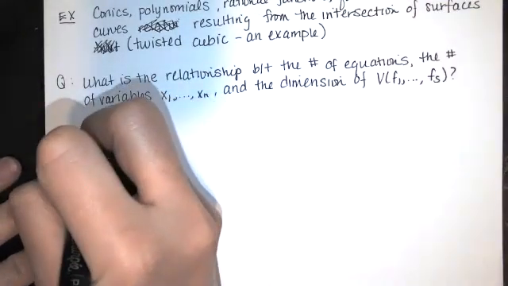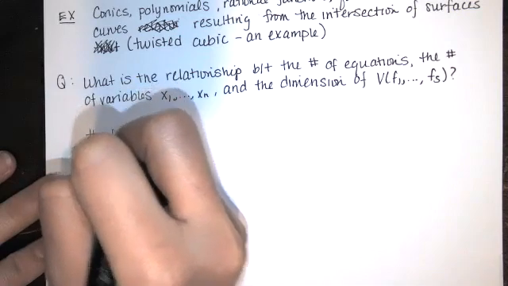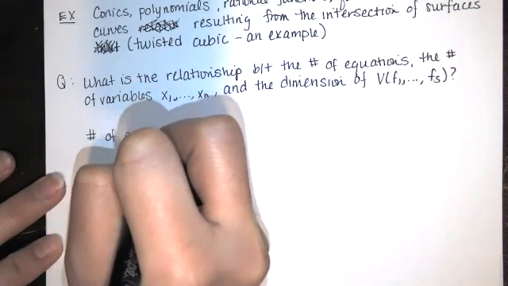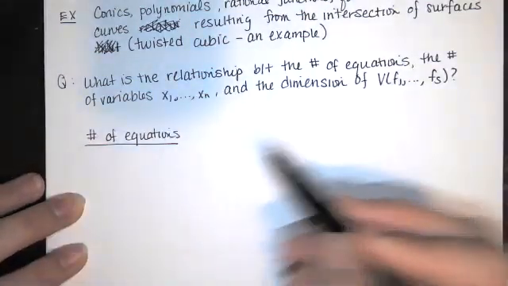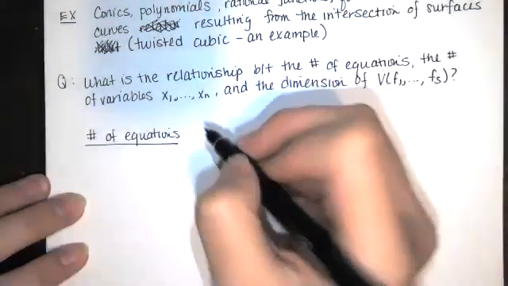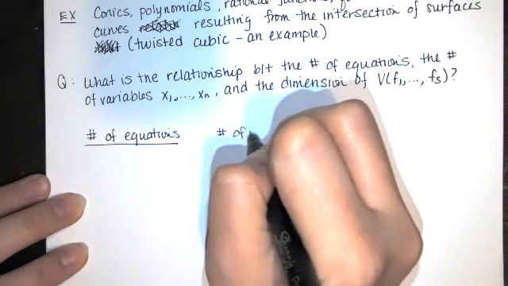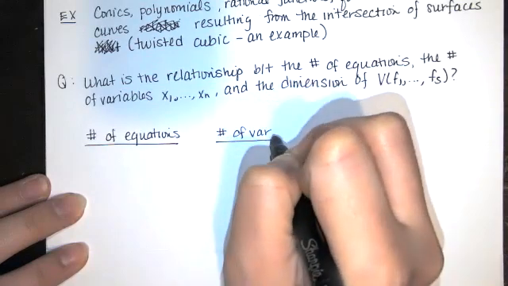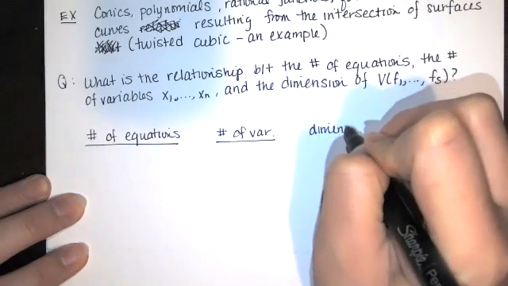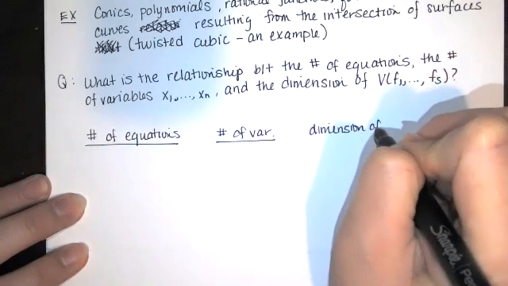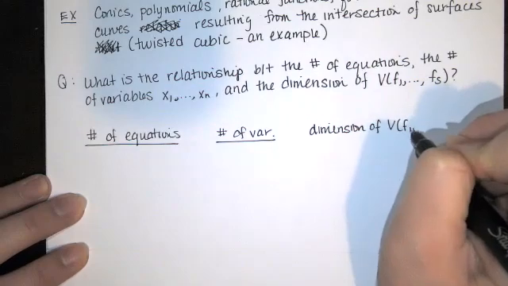Okay, so let's say we have one equation. We're trying to look for this relationship between the number of equations, the number of variables, and the dimension of the resulting affine variety.